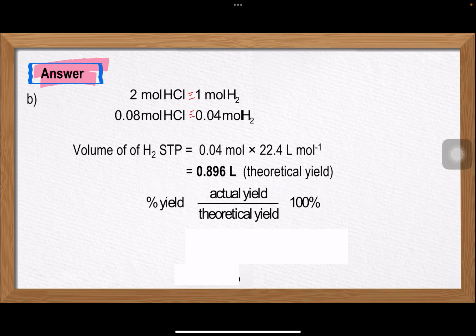We just use the formula: percentage yield is actual divided by theoretical times 100. 672 is in milliliter, so make sure you change it to liter because 0.896 is in liter. Either one, but you must calculate in the same unit. Both in liter, so determine the percentage yield. The percentage yield is 75%. So that is for hour 7.